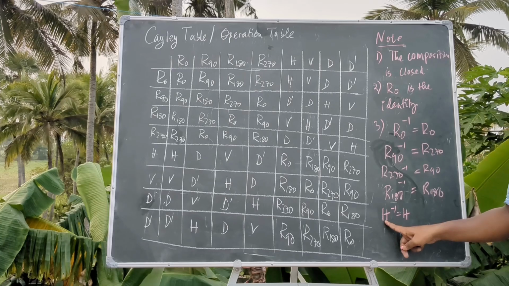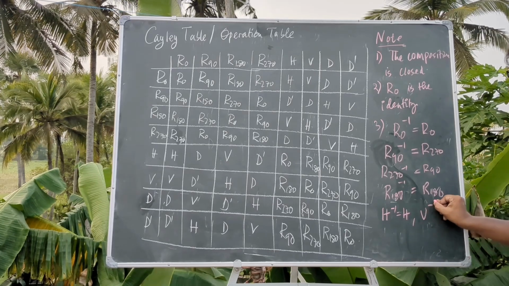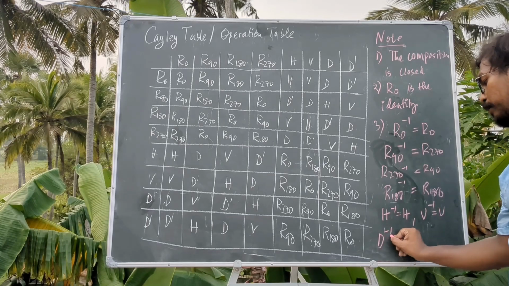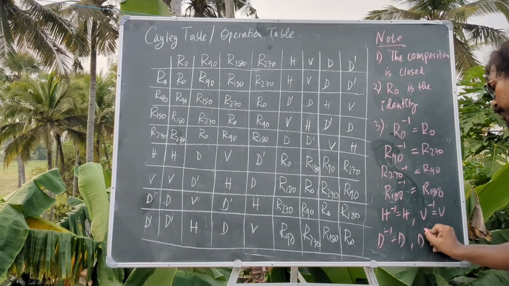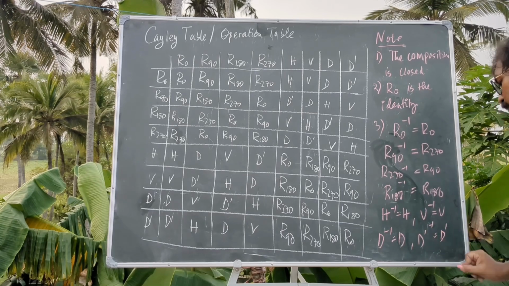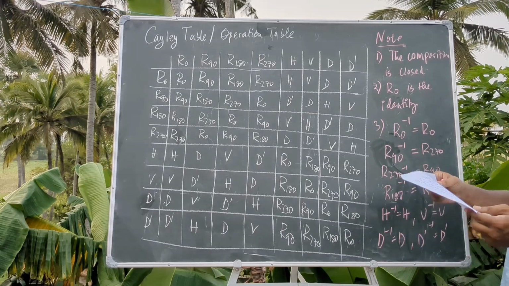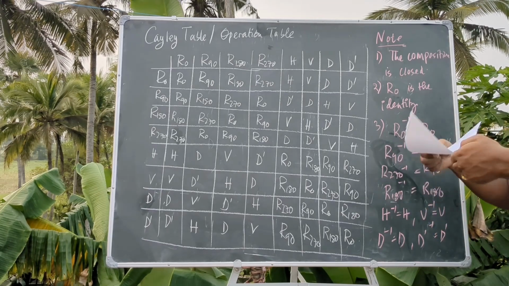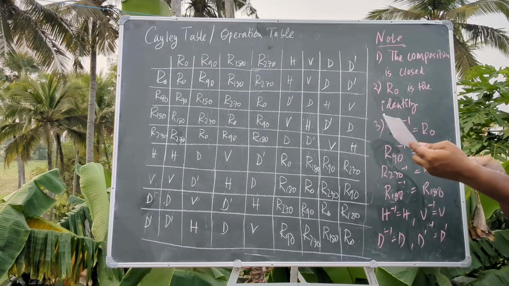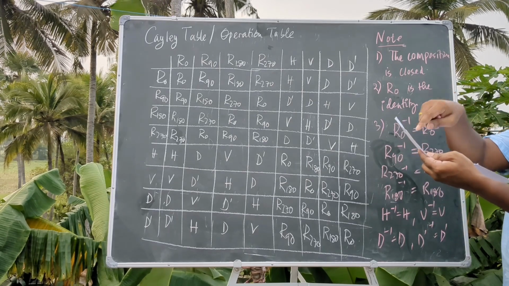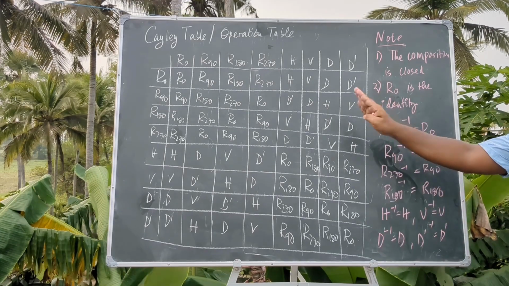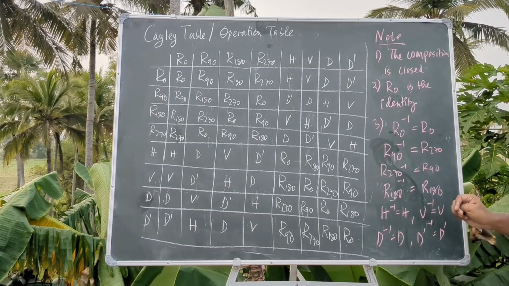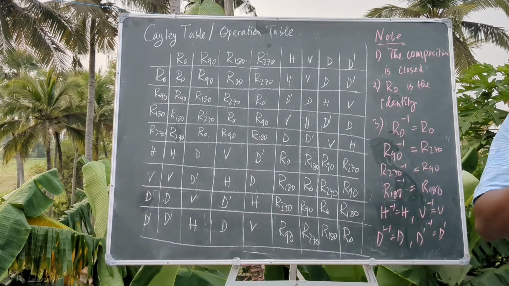So inverse of H is H. Also inverse of any flip is the same. Inverse of D is also D. Inverse of D dash is also D dash. Because when we are flipping and again we are flipping in the same axis, we will get our original square with the corners exactly in the original position. Every element of the set under the operation of composition has an inverse. And next we will only check the associativity.